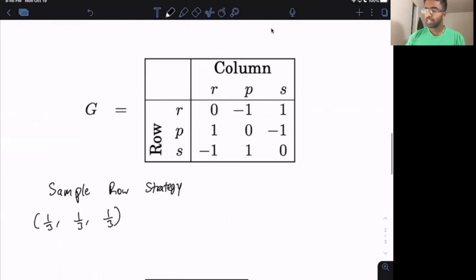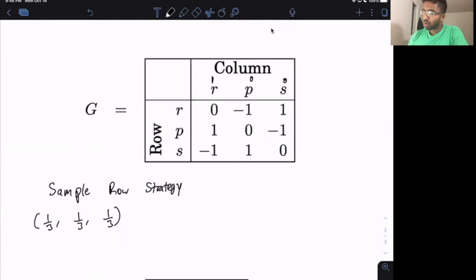And then let's analyze some strategies that the column could play, and look at the results. Let's say column has a really basic strategy. It's going to play rock 100% of the time, so I'll say 1, 0, 0 to denote the probabilities.